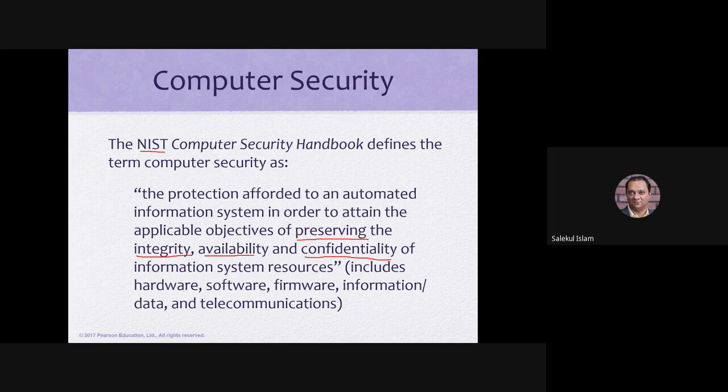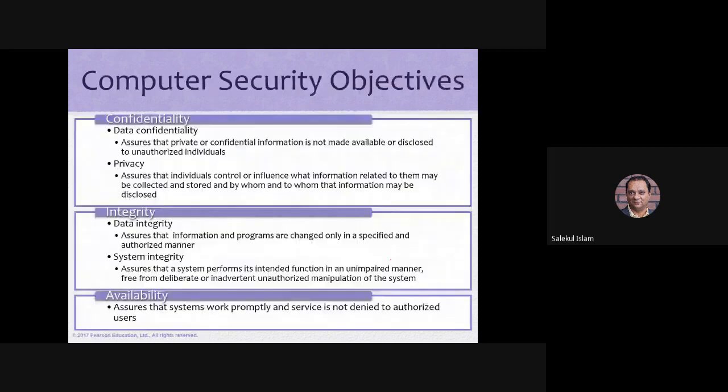That includes hardware, software, firmware, information, data, telecommunications, all those things. So that's the definition that NIST has given in their computer security handbook.